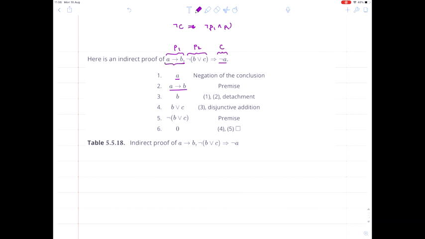And combining those two together, we get B. B or C is using, combining those. This is a premise, and since we have both of those, we get a contradiction. So that gives us an indirect proof of this theorem over here.